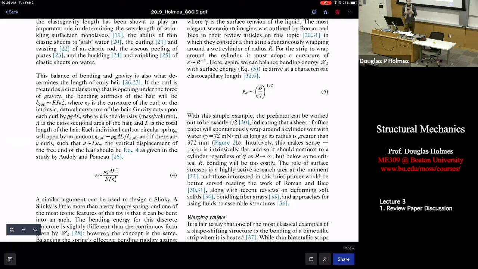And then beyond that, as we're seeing, and I hope you saw in reading this, they are applicable in a huge array of problems. And so being able to do structural mechanics and to think about how structures deform will be vital to applying these concepts to any area that you end up working in that involves any sort of an object or structure.